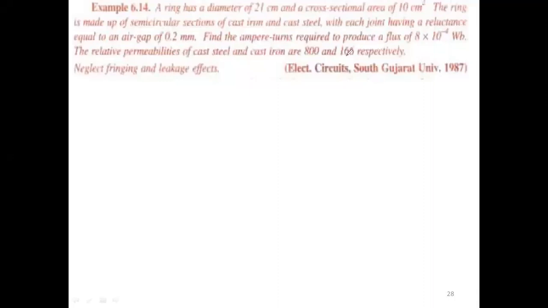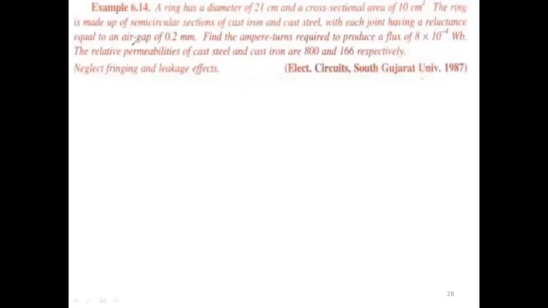How are you telling two? See here, the ring has a diameter of 21 centimeter and cross sectional area of 10 square centimeter. The ring is made up of semicircular sections of iron and steel here. Iron and steel semicircular sections are made.